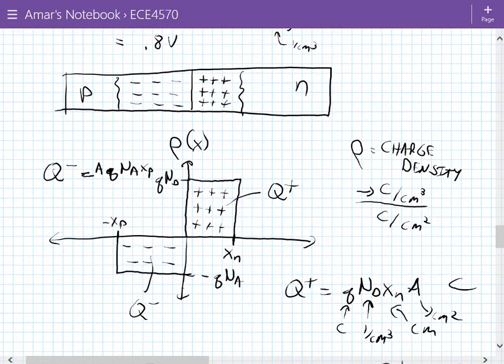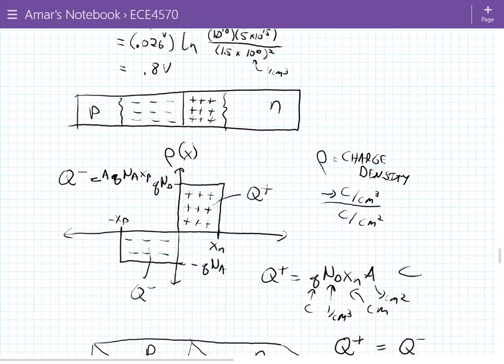Now X sub P and X sub N, the dimensions of the depletion region, are very small, like less than tens of micrometers. But we can control what the dimensions of the depletion region are just by however much we dope the N side and the P side. And the physics of this works out very nicely.